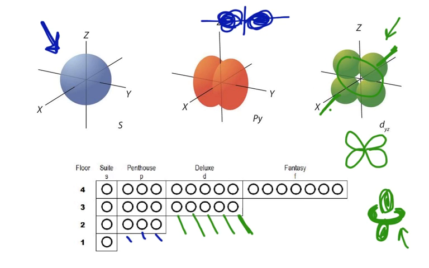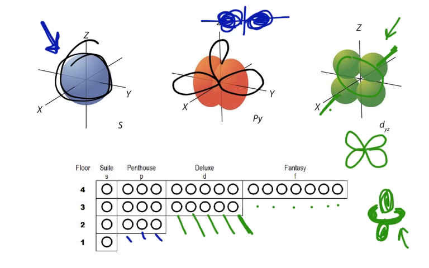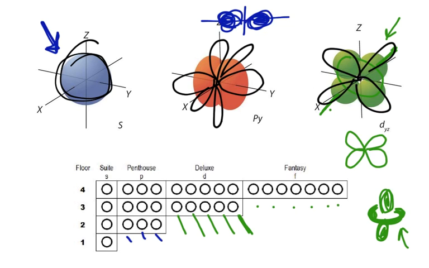When you get to the f orbitals, it's more complicated, and so sometimes we say, well, s is spherical, p is perpendicular because there's one along the x, one along the y, one along the z. d, maybe you could say diagonal, because the 4 things are diagonal to each other, and f is so weird you say forget it.